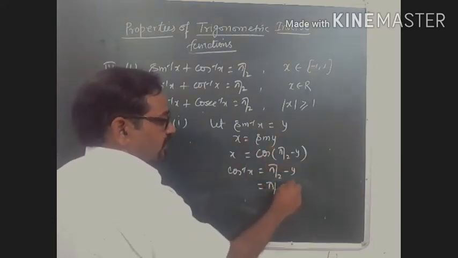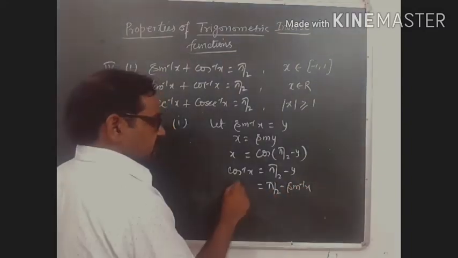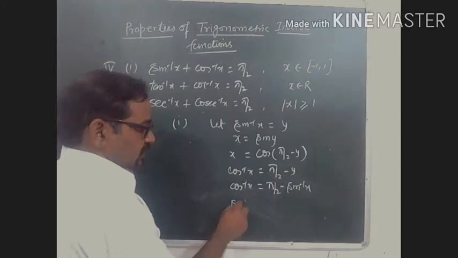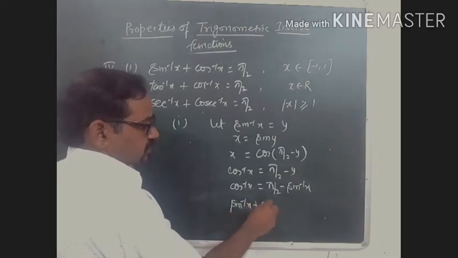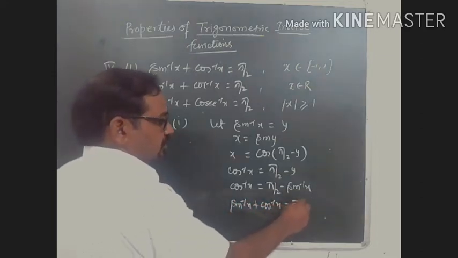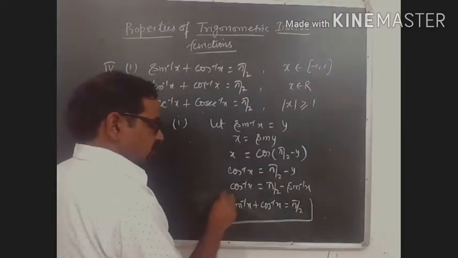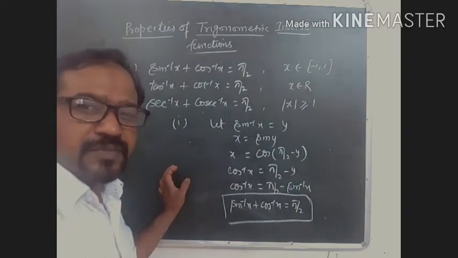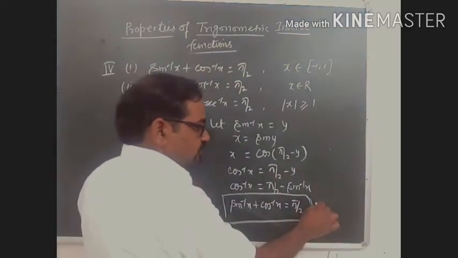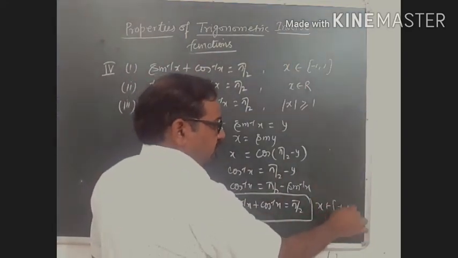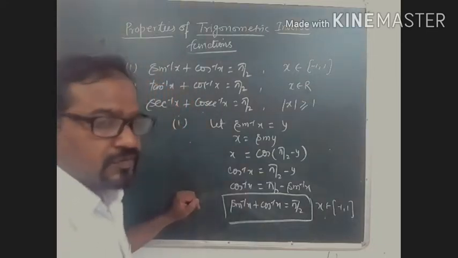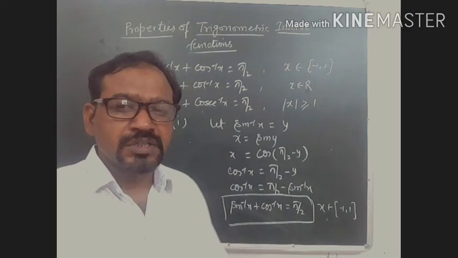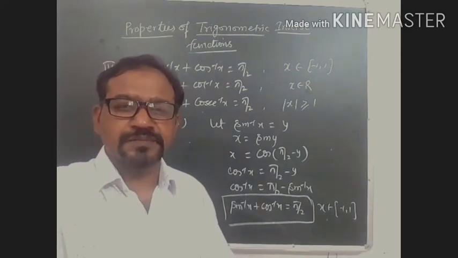Therefore cos inverse x equals pi by 2 minus sin inverse x. Transferring sin inverse x, sin inverse x plus cos inverse x equals pi by 2, where x belongs to minus 1 to 1, which is the domain of sin inverse and cos inverse. Similarly, you can prove the second or third part of this property.